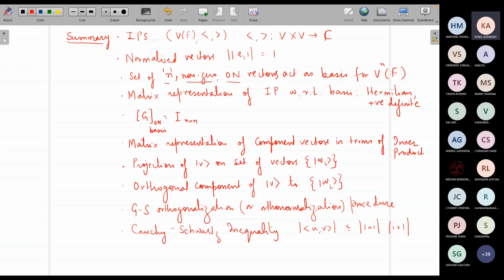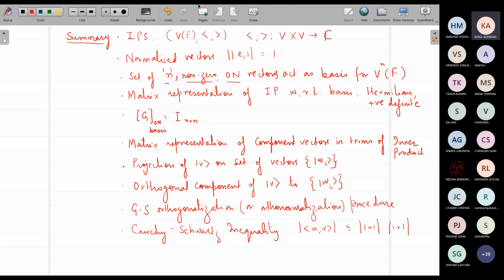And in the end, we tried to figure out something related to the Cauchy-Schwarz inequality. This inequality plays a very important role in several areas, including the Heisenberg uncertainty principle, and allows us to even define the direction cosine of theta, for example, for the real inner product spaces. So this is what we have been doing.